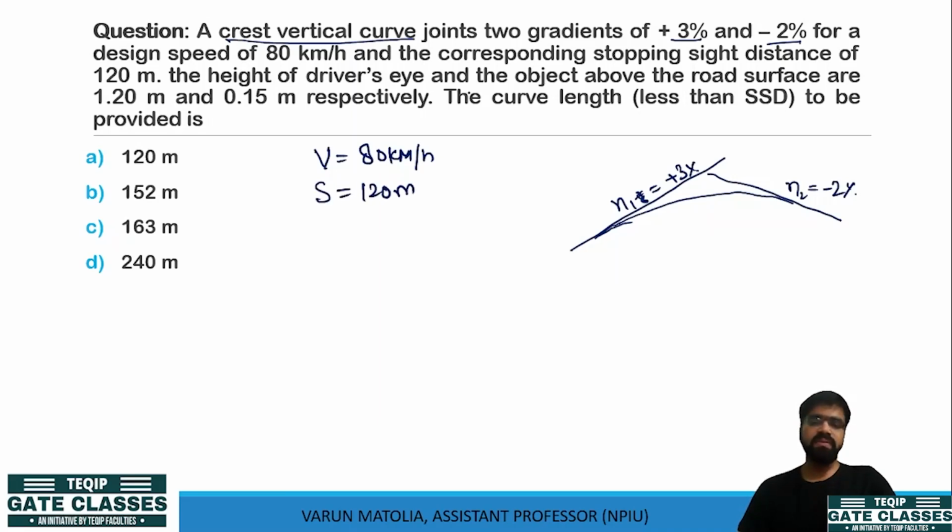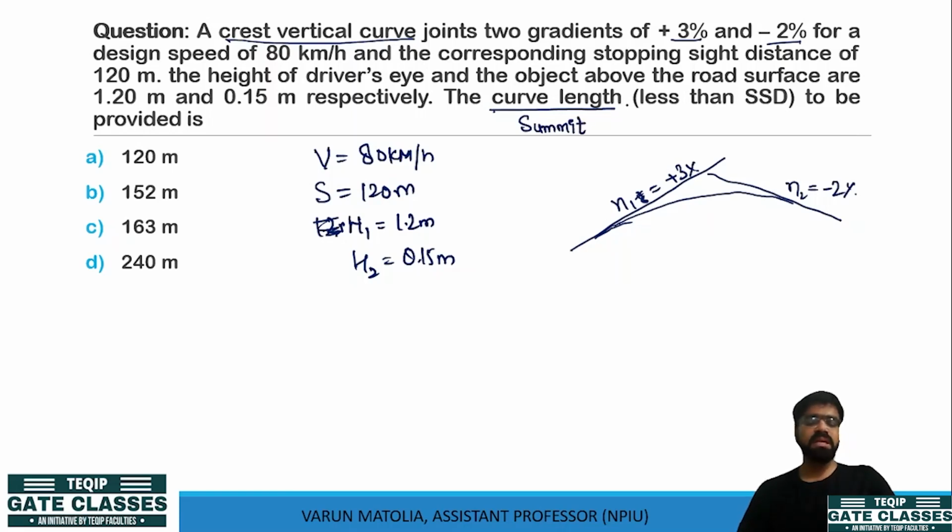The height of driver's eye H1 is taken as 1.2 meter, and the height of object H2 is taken as 0.15 meter respectively. So they are asking the length of the summit curve.